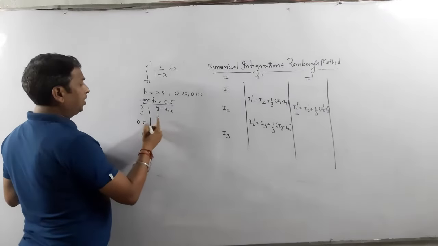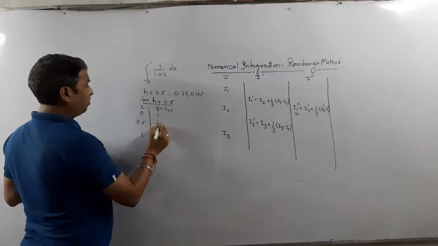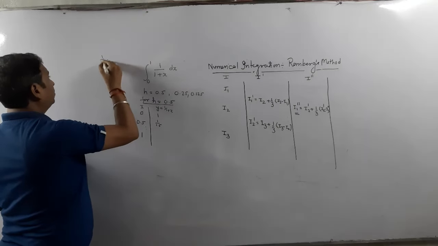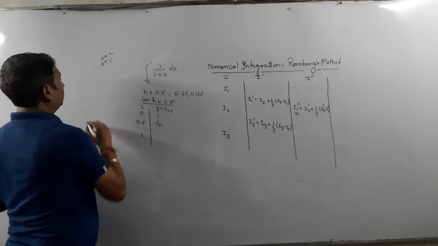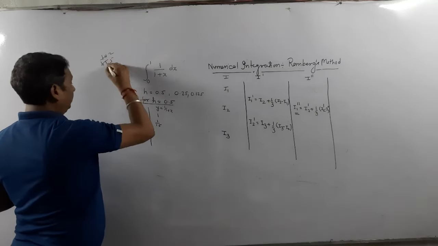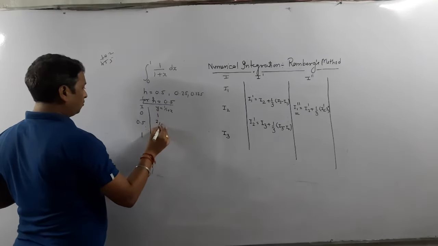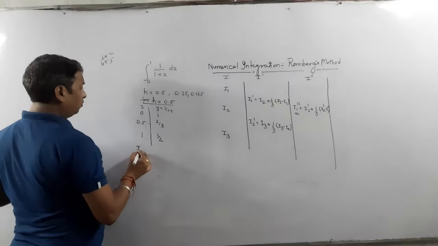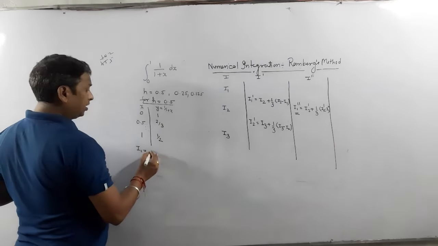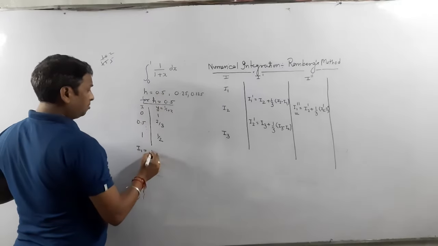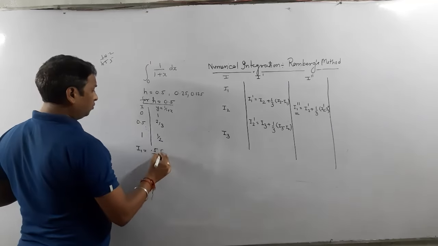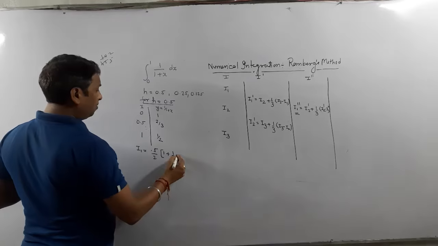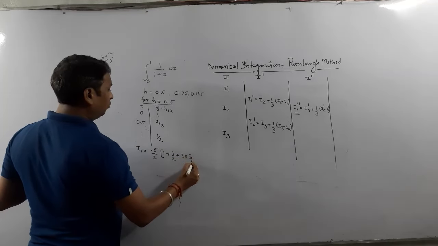When x is 0.5, y is 1 upon 1.5, which is 2 by 3. When x is 1, the value is 1 by 2. So what is the integral value I1? I1 is h by 2, where h is 0.5, so 0.5 by 2, times first value plus last value plus 2 times the middle value. What is the middle value? 2 by 3.